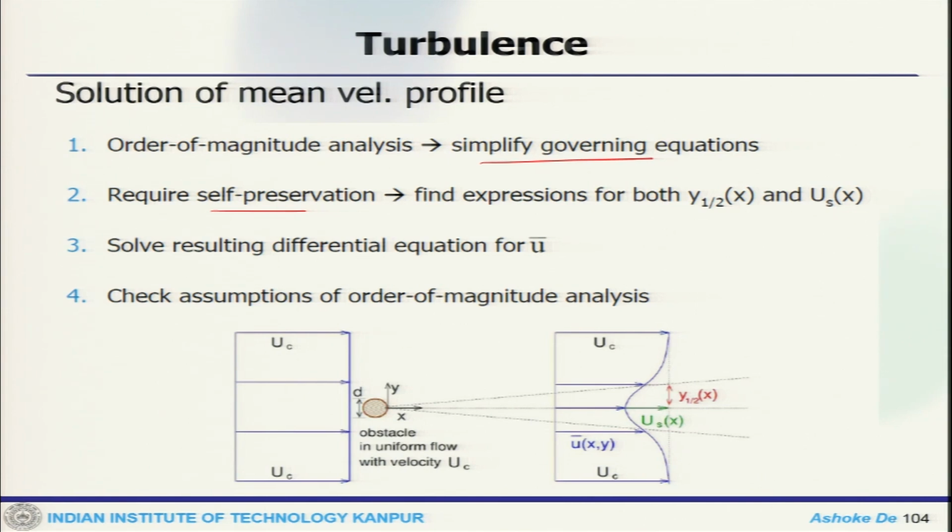Once we do that, we can get the solution for the mean velocity profile in the wake. So, this is how we proceed. One can go through this in a standard textbook.